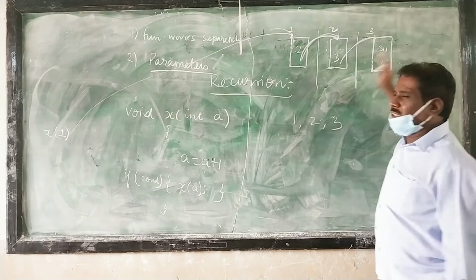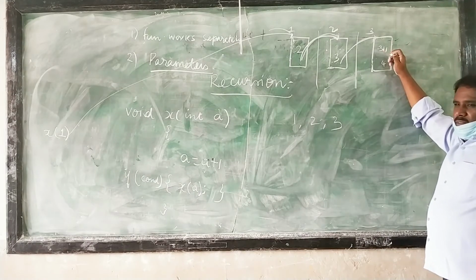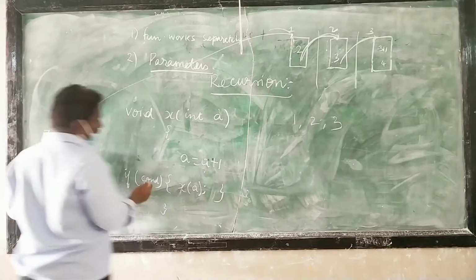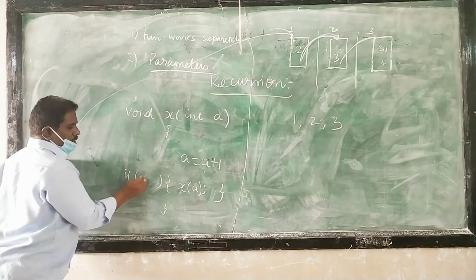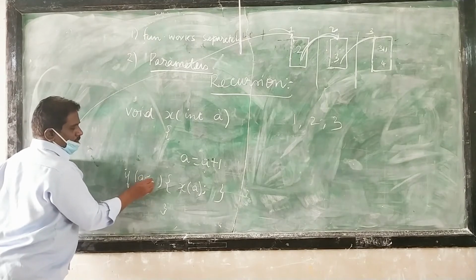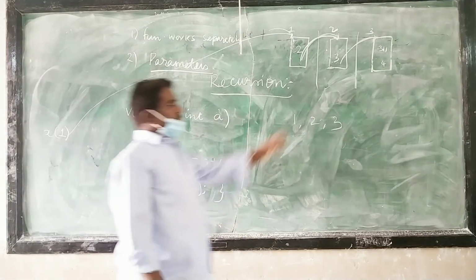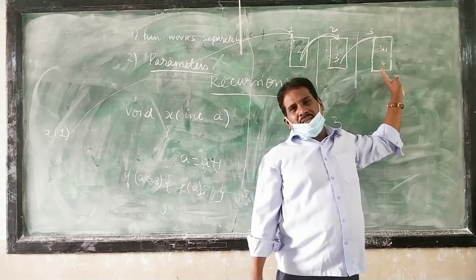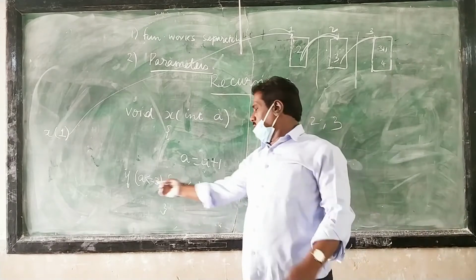So how can we stop exactly at this particular point? Yes, we can stop at this point by making use of a condition. So you have to call as long as a is less than or equal to 3. So when 4 comes here, it will not be called, it will not proceed further.